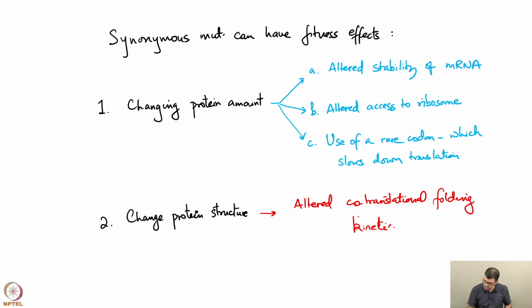For both these studies we know of several examples which illustrate this point. And again I want to emphasize that it is not to say that every synonymous mutation has a fitness effect, but many synonymous mutations do have a fitness effect.